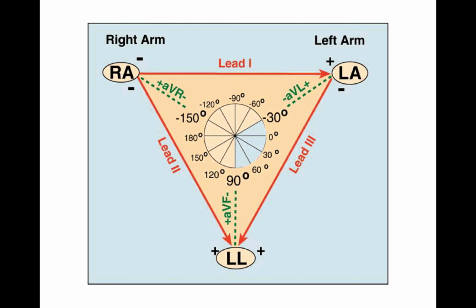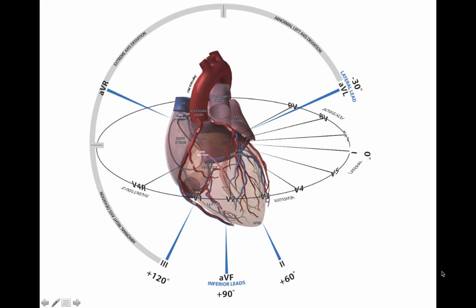And from these limb leads, we can also obtain the vectors that give us AVR, AVL, and AVF. So by placing right arm, left arm, and left leg leads, we're able to obtain 6 configurations on the ECG: leads 1, 2, 3, AVR, AVL, and AVF. And this is what we're left with. We get a 360 view of the electrical depolarization within the heart.